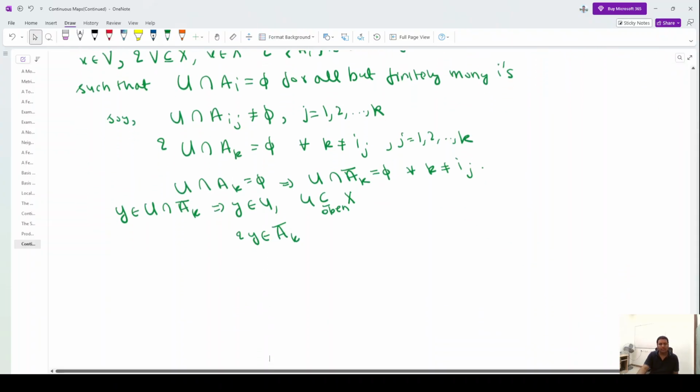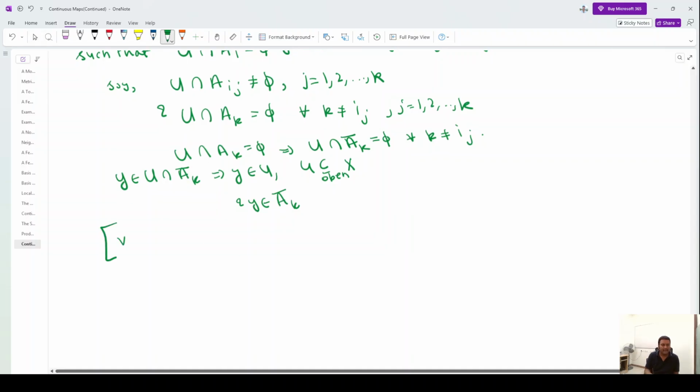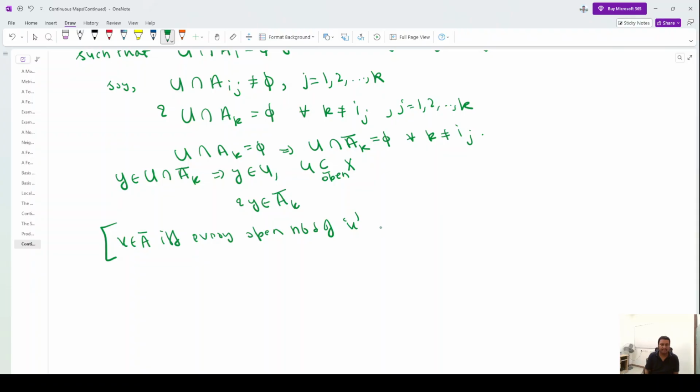But you know that X belongs to A closure if and only if every open neighborhood of X, this we have done, or I have given you as an exercise, intersects A. So since y is in AK closure, this implies U intersection AK is non-empty, which is a contradiction, right? Because you know that U intersection AK is empty.